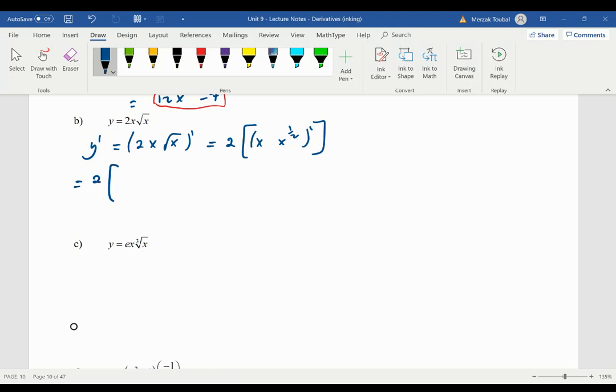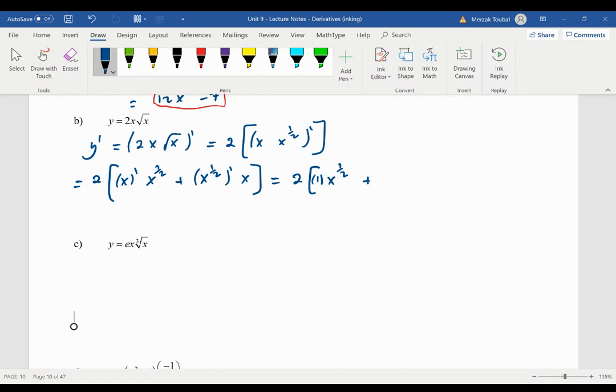So 2, hold on to it. We're going to write down the product rule, the derivative of x times x to the 1/2 plus derivative of x to the 1/2 times x. That's the end of the product rule. Derivative of x is 1 times x to the 1/2.